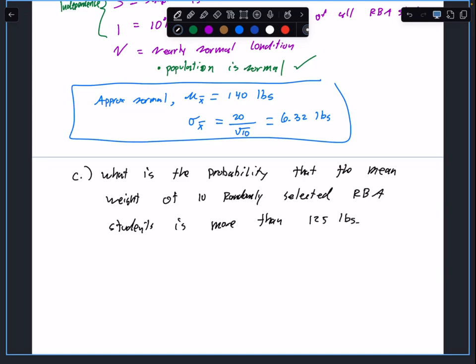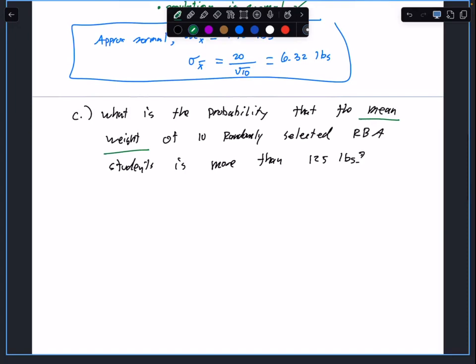Now, again, it looks like the same question that I asked you initially. But this question is a sampling distribution question, because I'm not asking you for the probability for the weight of an individual, but for the mean weight. So when you see that it says the mean weight, or I could say average weight, this tells me it's a sampling distribution problem.